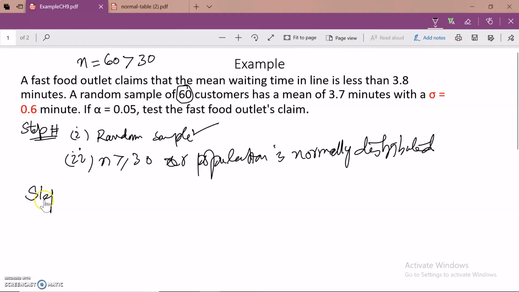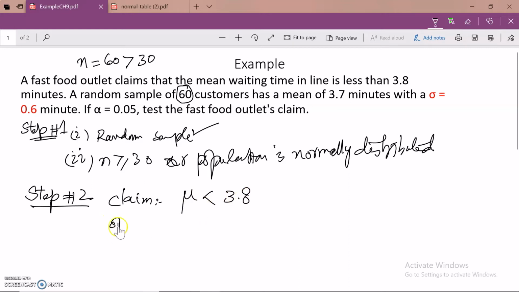Let's see step number two. This was step one. I forgot to write. Step number two. In the second step, we write the null hypothesis and the alternative hypothesis. Here, look at that. What is our claim? Our claim is that the mean time is less than 3.8.